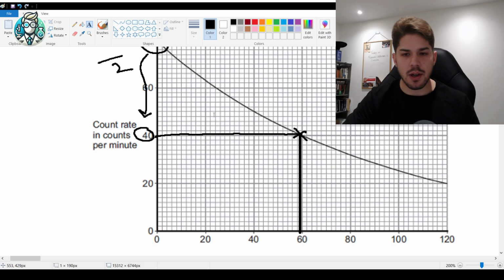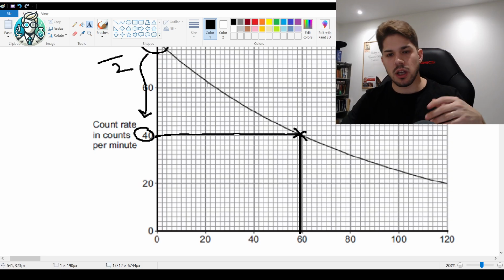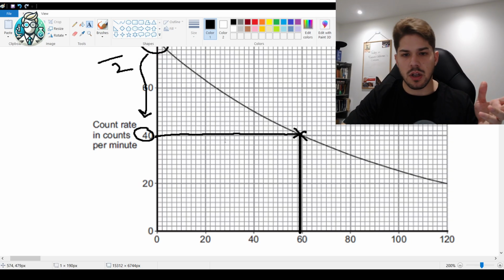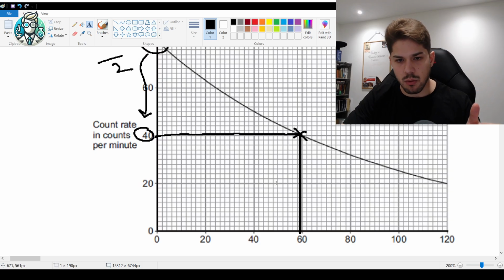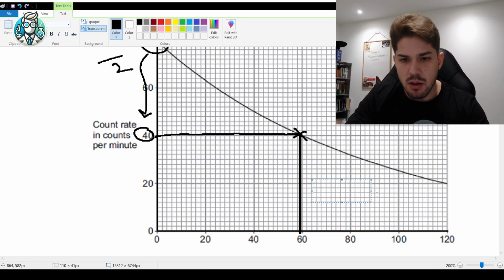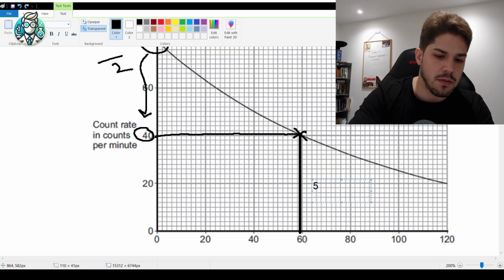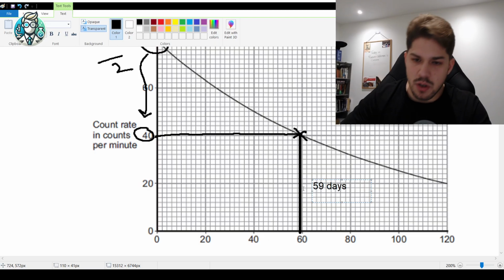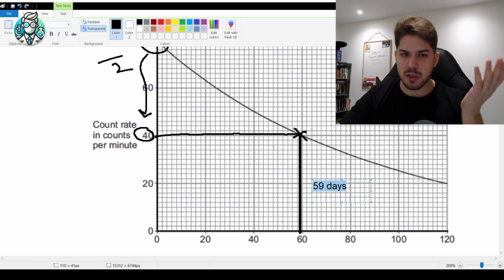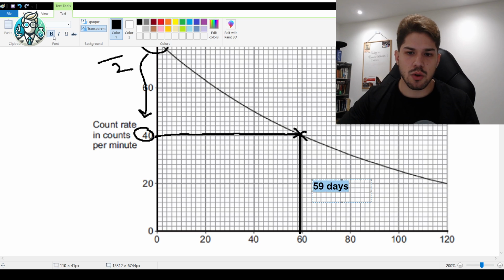They always give you a range, so they will give you like 50 or 60. If you put any of those, they will probably give you the answer. I would say 59 days, because it seems that from my perspective, it doesn't reach 60.